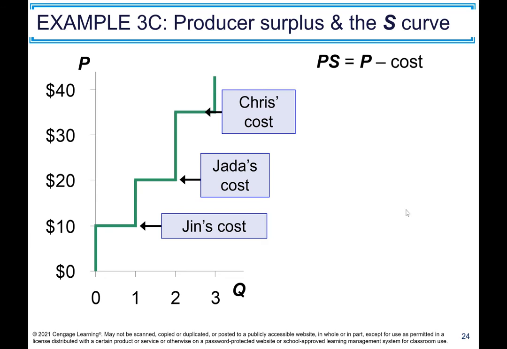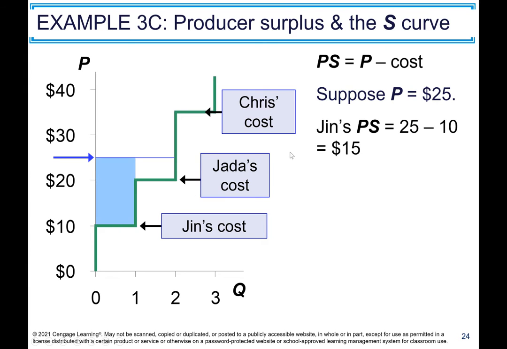Producer surplus is equal to the price minus cost. Suppose the price is 25. Jin's producer surplus is 25 minus 10, and that's the area of this.